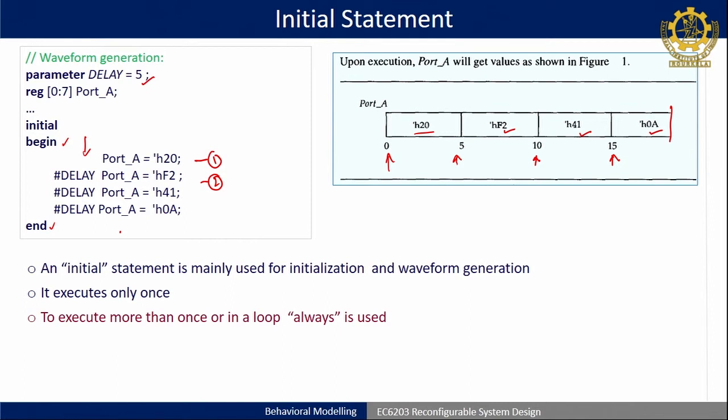You know that if a flip flop is there, you need to initialize it with a certain value, else it will drive to an unknown state or x state. During that period this will be very helpful. You can initialize the output of a flip flop to 0 or 1, whatever you want.